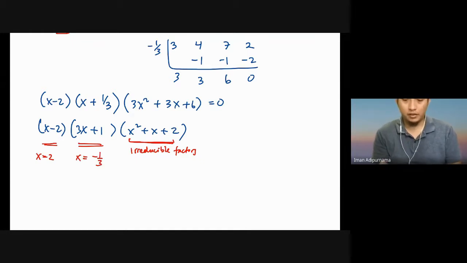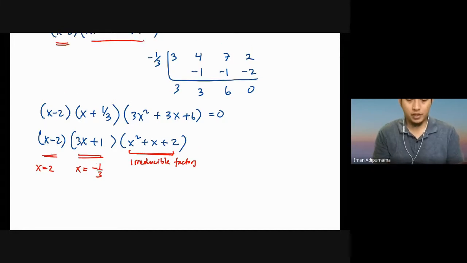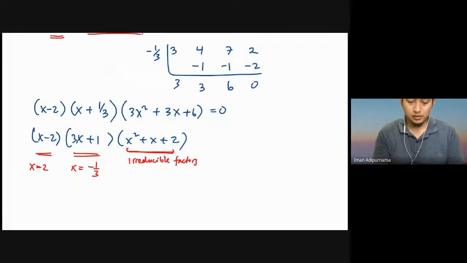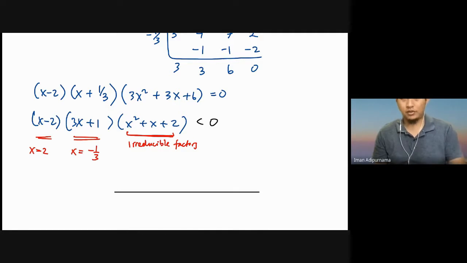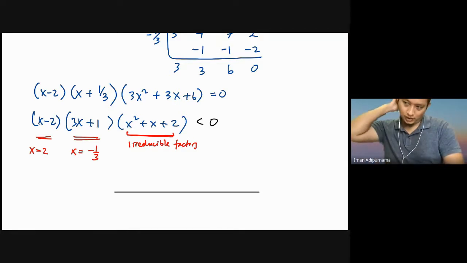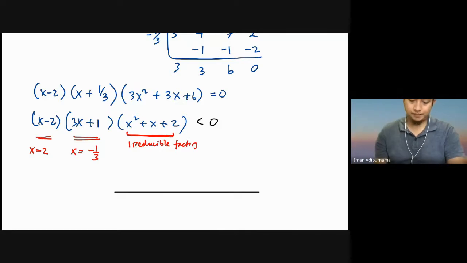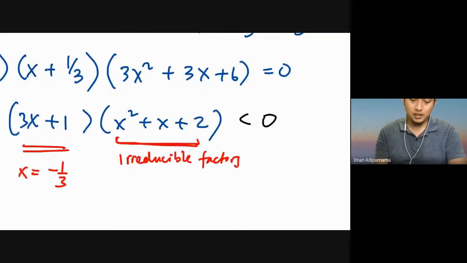Okay, now how are we going to solve our inequality? So we need to have this less than 0, right? So we are going to look at the number line. And if you see the equation here, this is always positive, right?